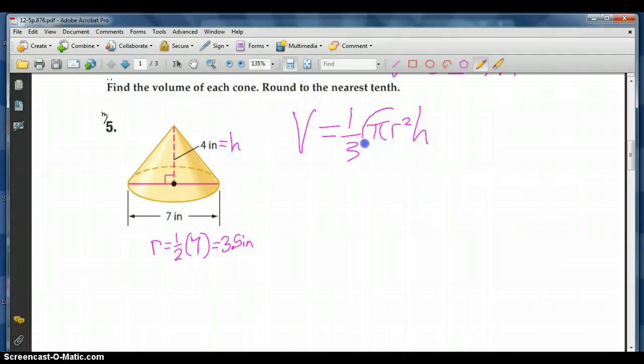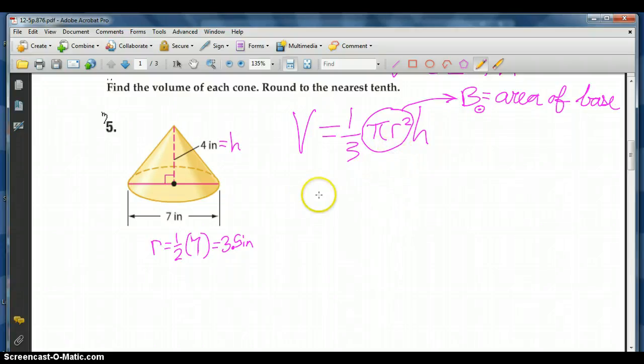So the only thing that's different is that we're substituting this in for B, because B stands for area of the base. And once again, since our base is a circle, that would just be pi r squared, because pi r squared is the formula for area of a circle.